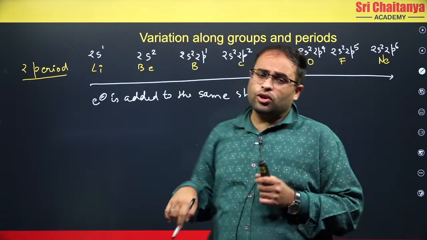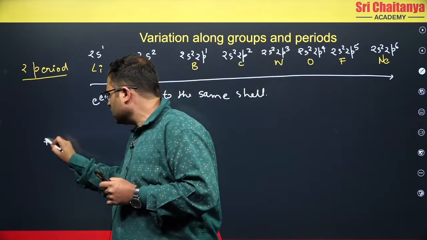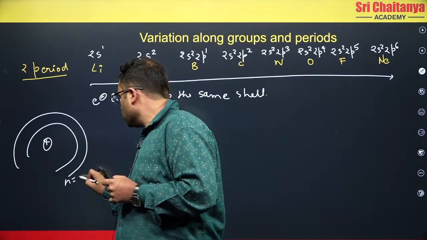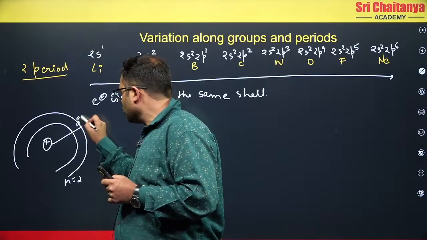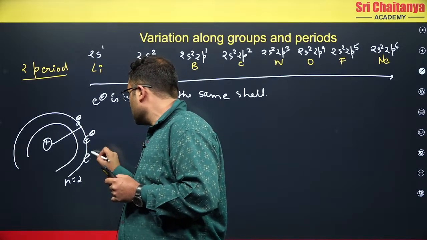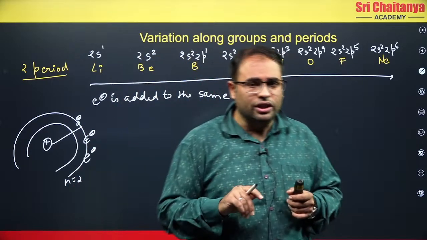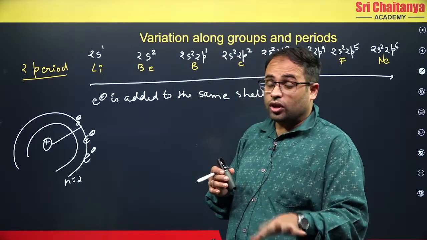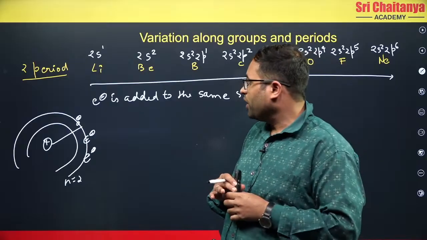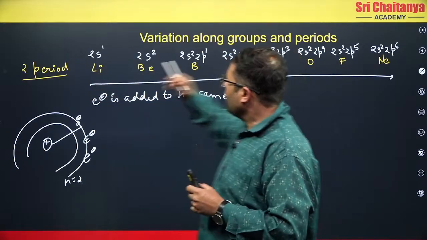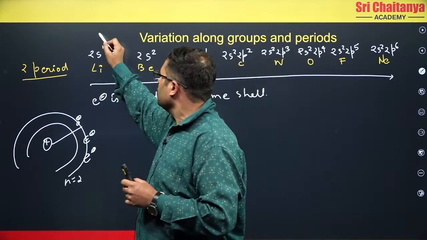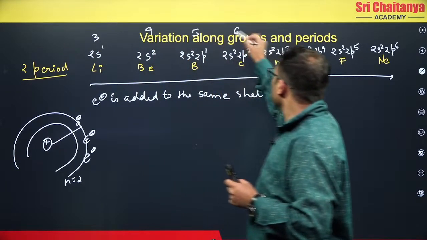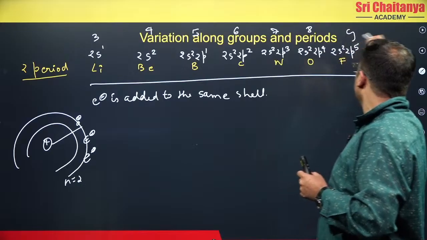Now, what do I mean by electron is added to the same shell? I mean that if there is a nucleus, this is n equals to 2, electrons are getting added to approximately the same distance. So, the distance of the nucleus and the outermost electron, that distance is not changing. But there is something else changing. What is changing as you are going from here to here? If we talk about the atomic numbers, this is 3, 4, 5, 6, 7, 8, 9 and 10.